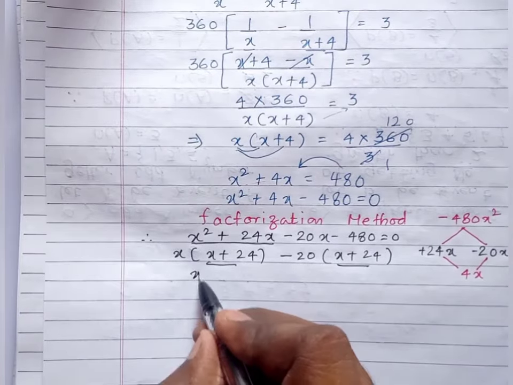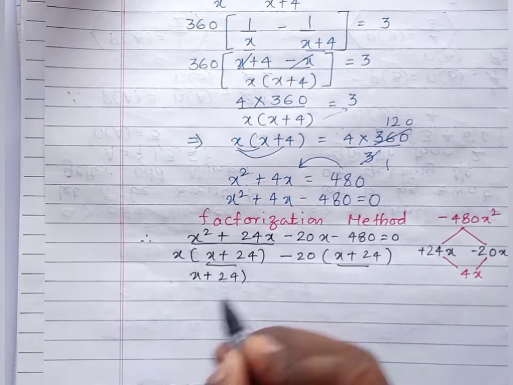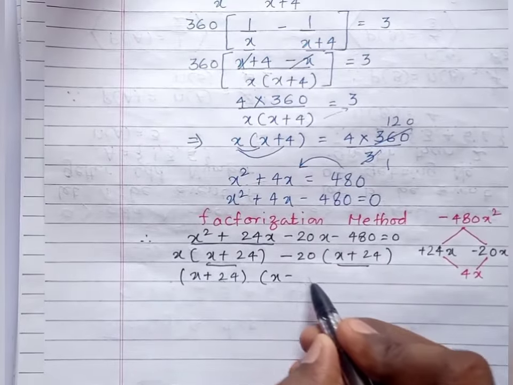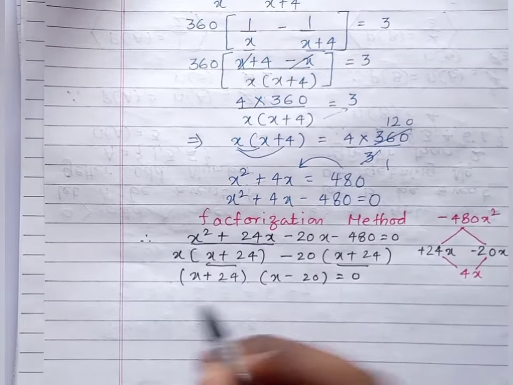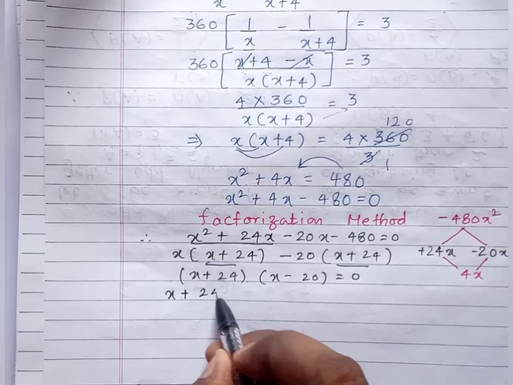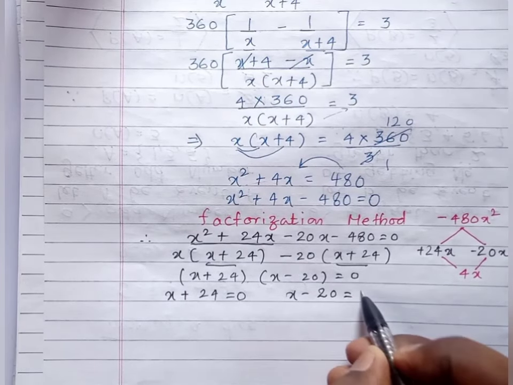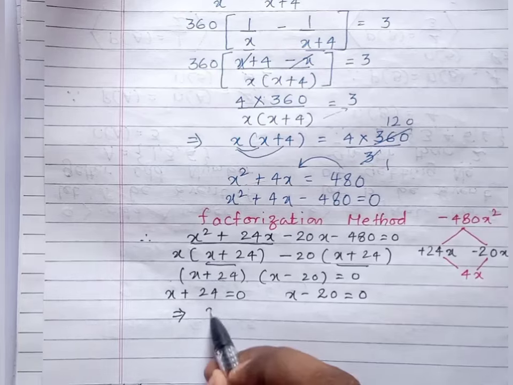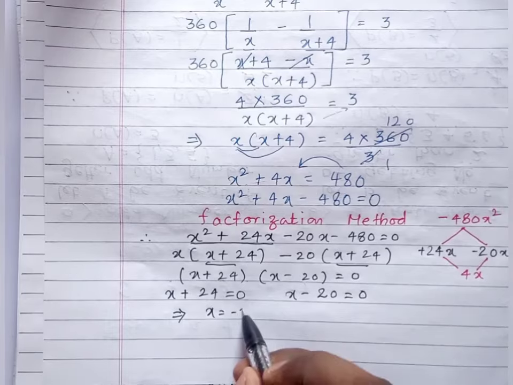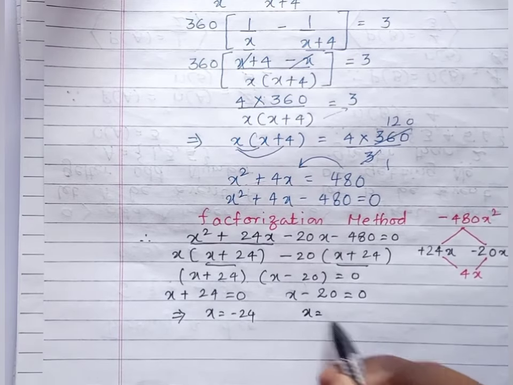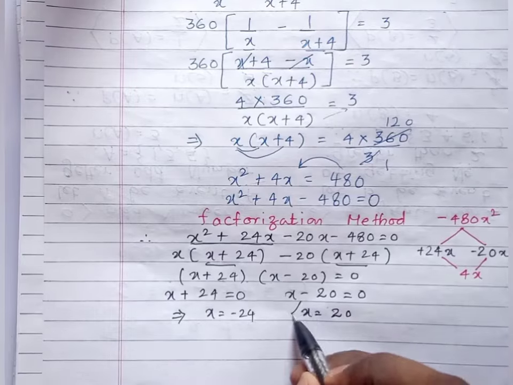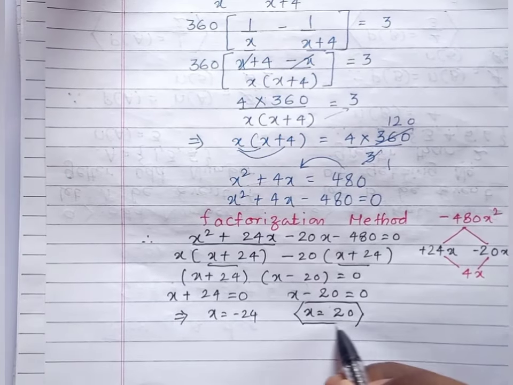Taking that out, x plus 24, the remaining term is x minus 20. Now equating to 0, x plus 24 equals 0 and x minus 20 equals 0. Now x plus 24, if we shift, it becomes minus 24, x equals minus 24 and x equals 20.